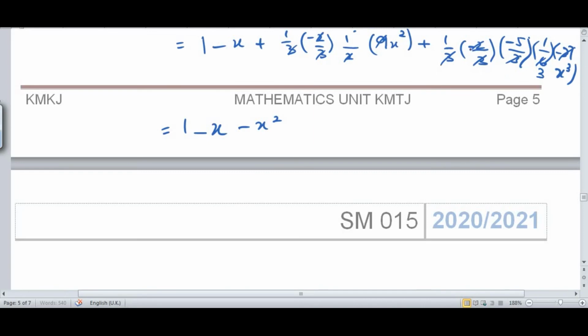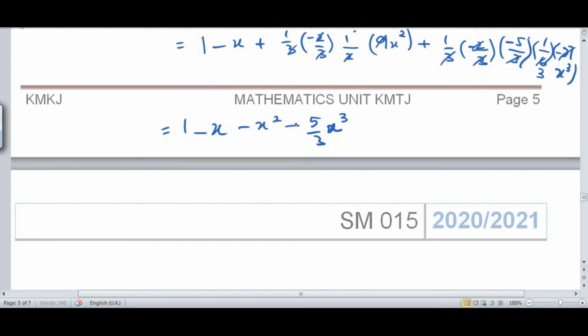Then you have negative, positive, negative, so you get negative here, and then you have negative 5/3, so 5/3 x^3. This is the expansion for the first four terms of (1 - 3x)^(1/3).